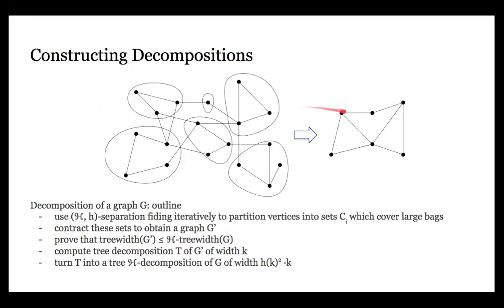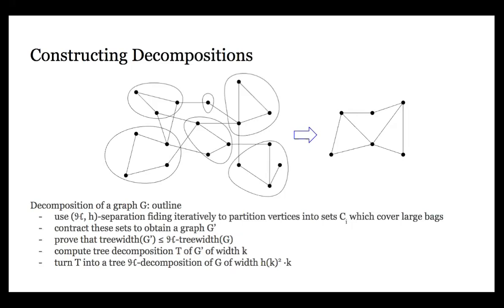So now we contract all these sets, we obtain some quotient graph G prime, and we prove that because of this property, the tree-width of G prime is upper bounded by h of the tree-width of G. And now we can use known algorithms for computing tree decompositions to compute the tree decomposition of G prime, and then using properties of h-k separation, we can go back to G and turn it into a 3H decomposition of width depending on k and h.